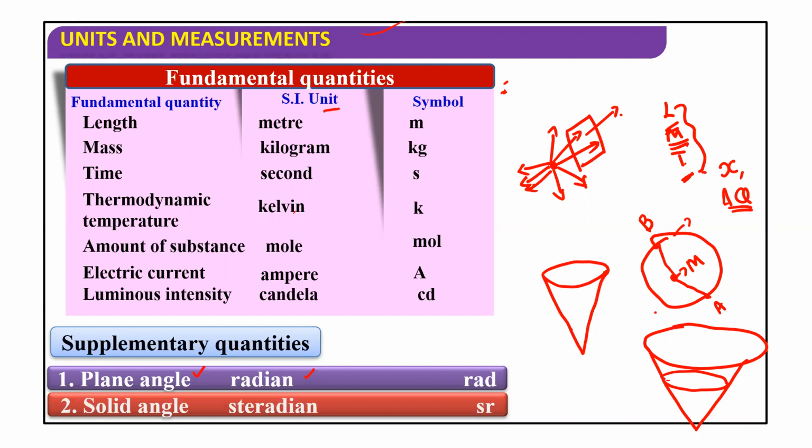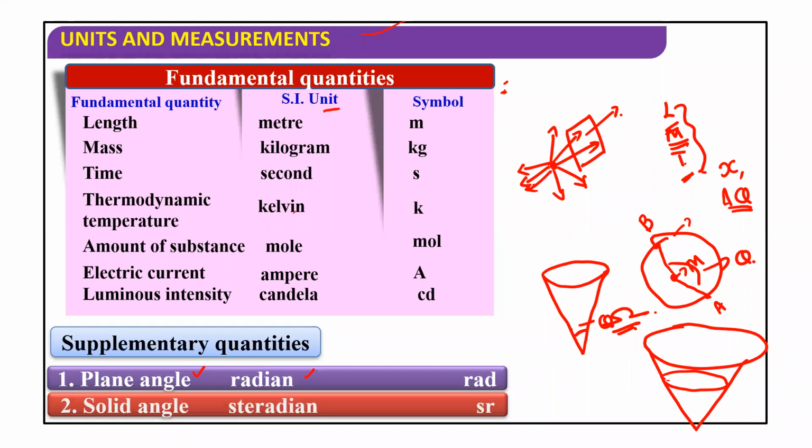The angle formed inside a cone is known as the solid angle. Solid angle's unit is steradian, and it is represented using the symbol omega. This angle is represented using the symbol theta. Clear?